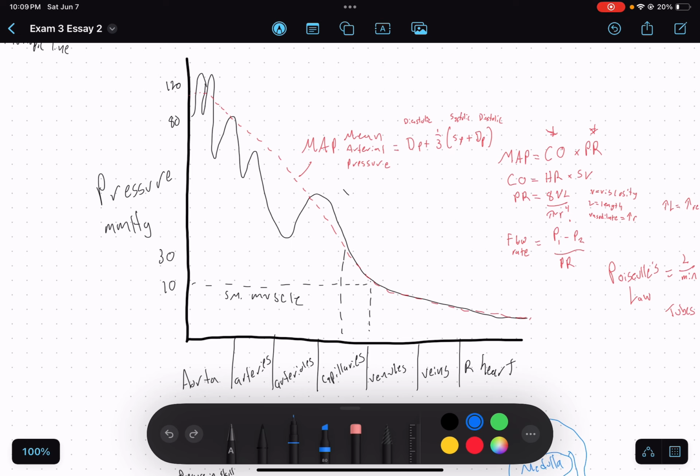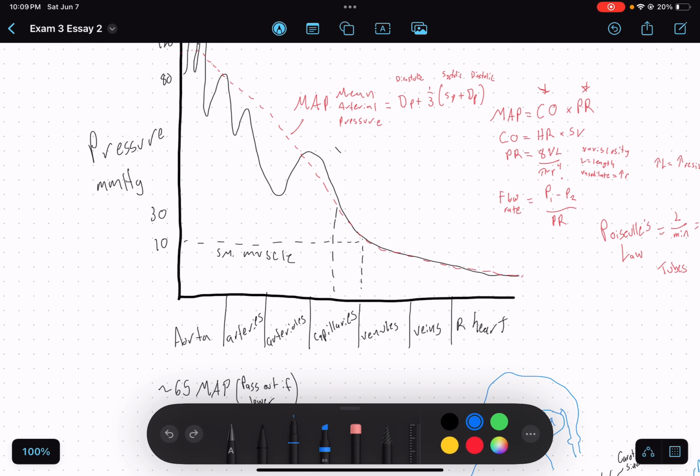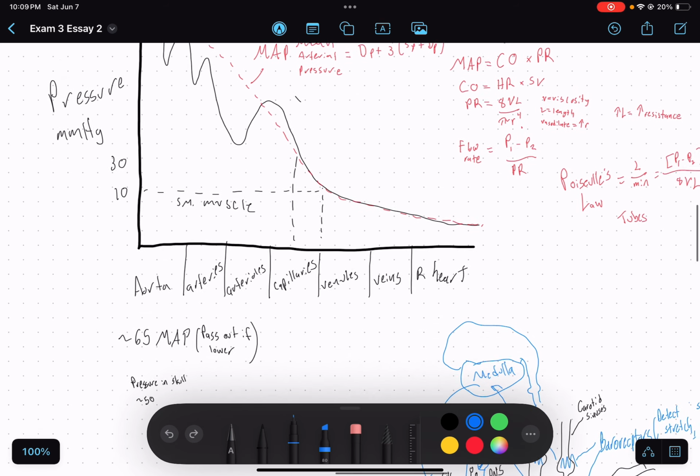But because our pressure constantly changes and is making up for different losses and gains, it's fluctuating. And that curve best fits that fluctuation. So our pressure is going to be highest in our aorta, and then our arteries, and then the arterioles, and then capillaries, venules, veins, and then the right heart.